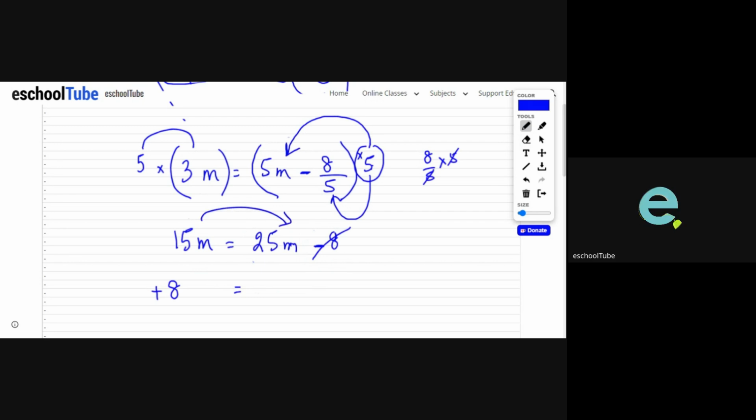So this becomes 25m. 25m square. 25m. ये positive 15m आपने यहाँ लाया, तो this becomes negative 15m. So 25m minus 15m is how much?